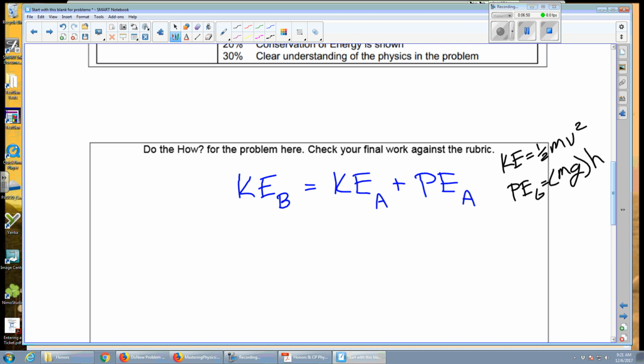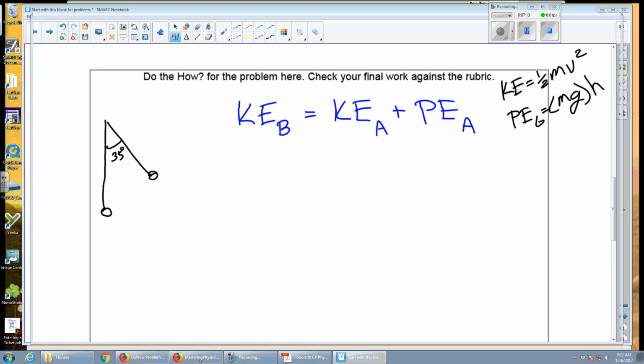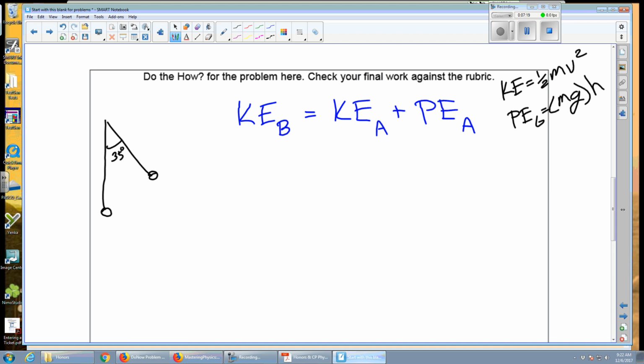I'm going to do a little drawing because that's the only way I can organize my brain. I have my pendulum bob hanging down, and then it's up here to the side. They tell me that's 35 degrees. What's the length of my pendulum? 1.2 meters. So that length is 1.2 meters. This whole thing is 1.2 meters.